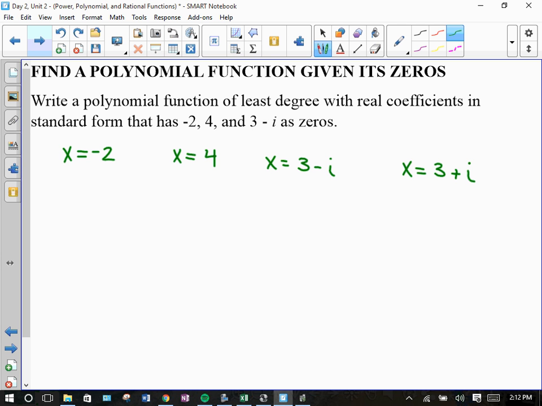So x equals -2 is our zero. We can write that as a linear factor by getting something set equal to 0. We're just going to add 2 to both sides, and x plus 2 is a linear factor.